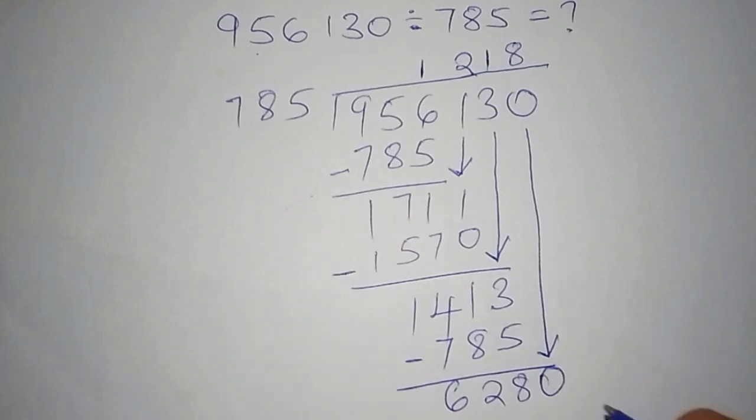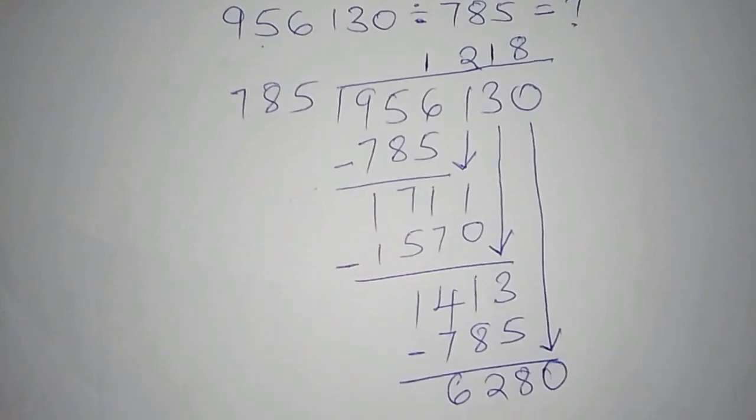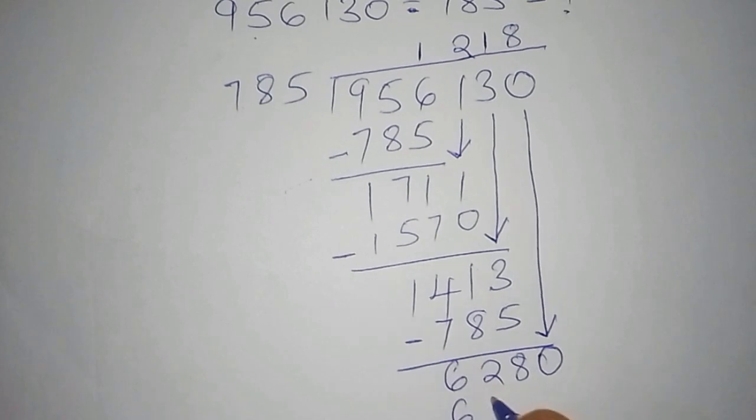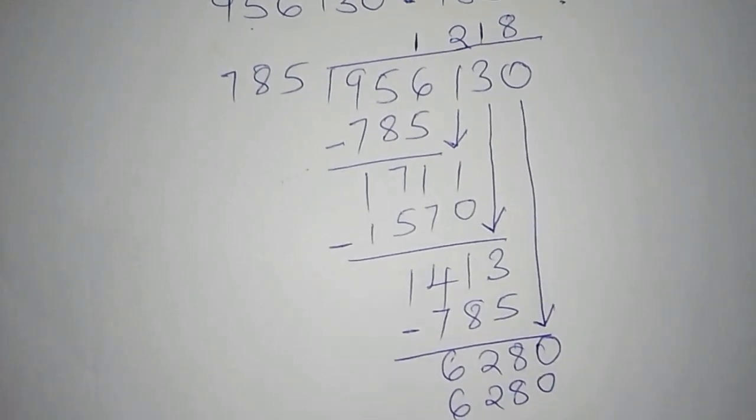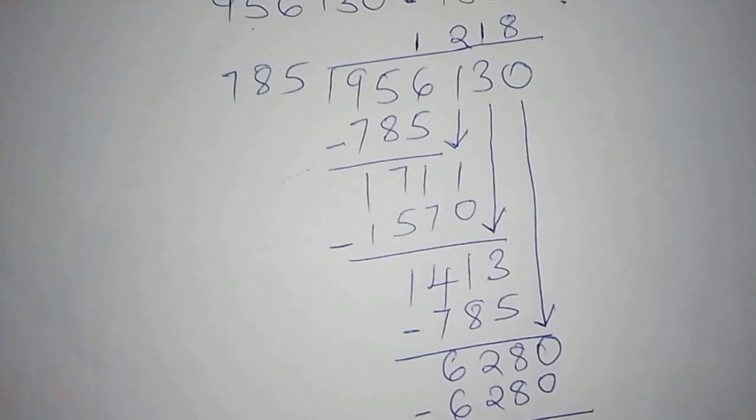So if I find the answer is 6280, it is the same. From there we find the difference, and here the difference is 0.